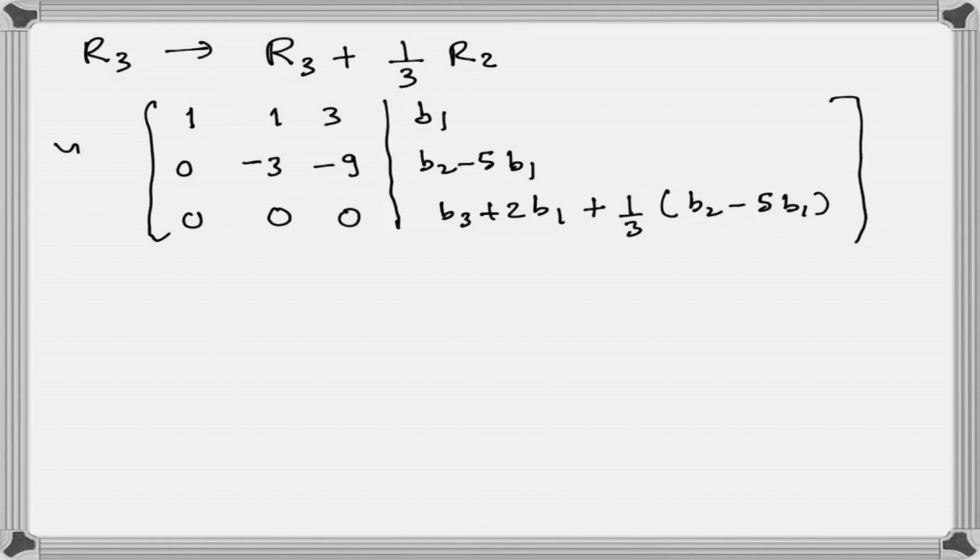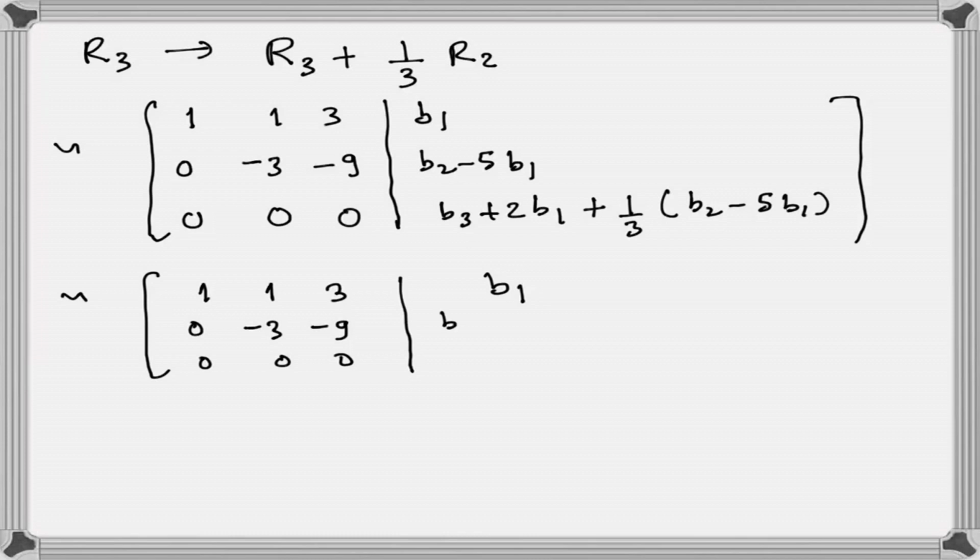Okay, so what do we get? We get 1 1 3, 0 minus 3 minus 9, 0 0 0. This is b1, this is b2 minus 5b1, and this is 6 minus 5, so b1 plus b2 plus 3b3 divided by 3.